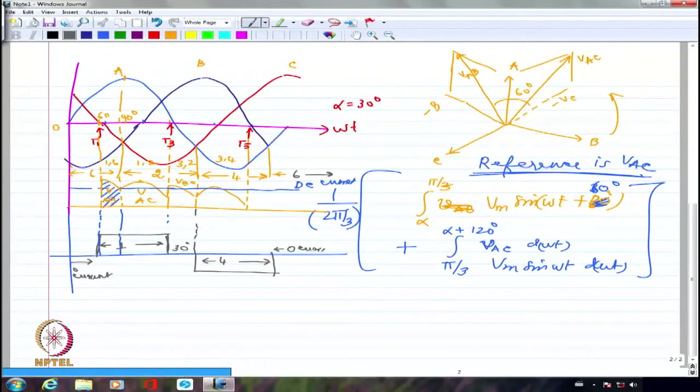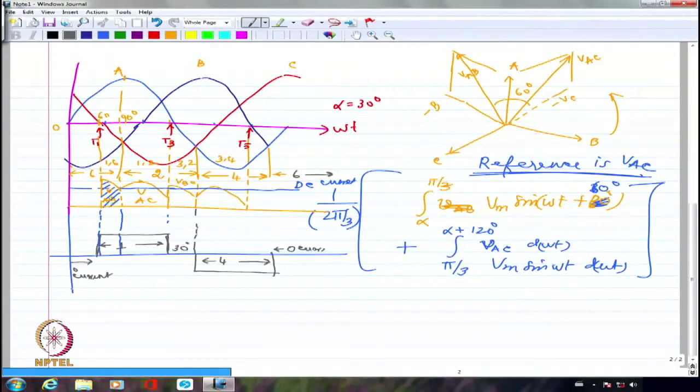The zero current interval will continue for almost 90 degrees once the negative half cycle of the current is over. Because as we said, 3 and 4 conduct for some time, and after that I am going to have 4 and 5 conducting for probably a longer duration, or 5 and 6 conducting for a longer duration, 90 degrees duration. So that is going to essentially make A phase completely not having any current.